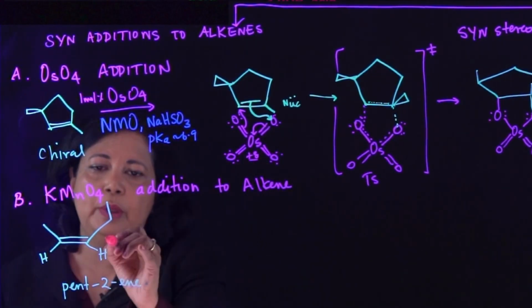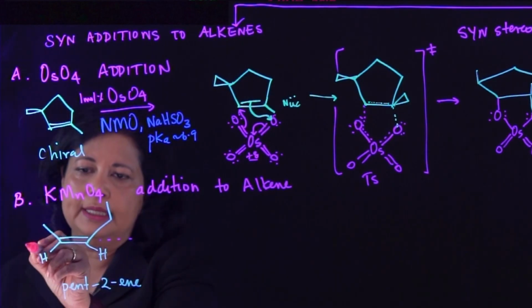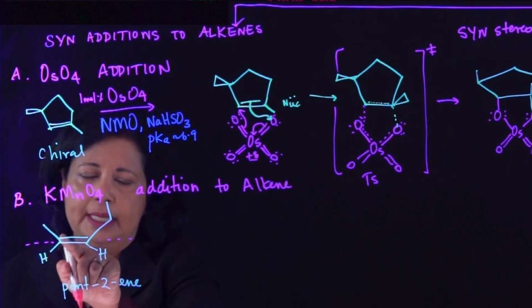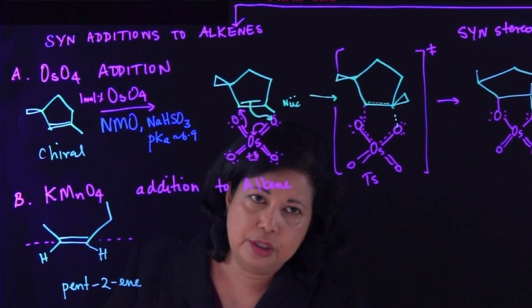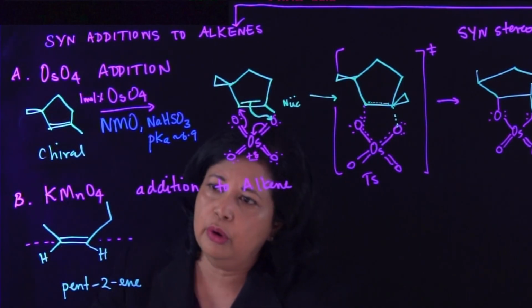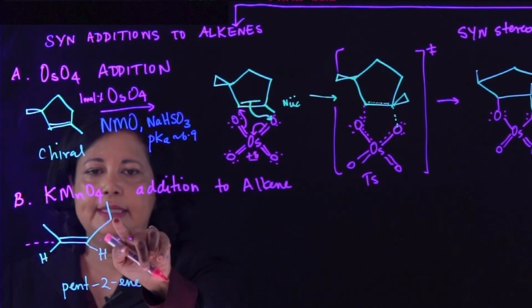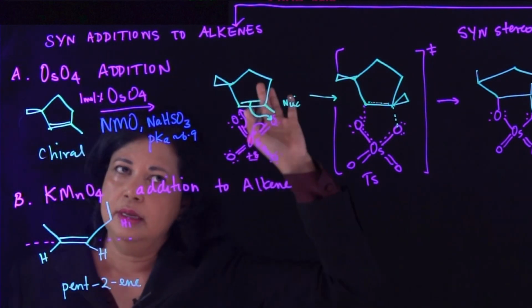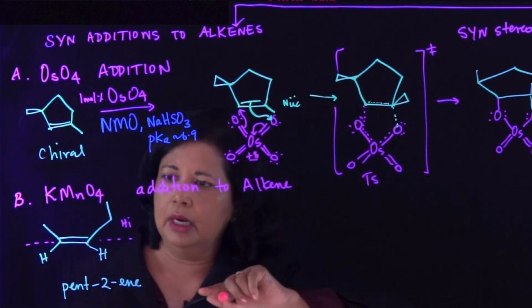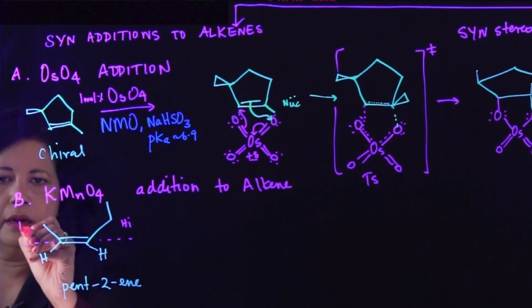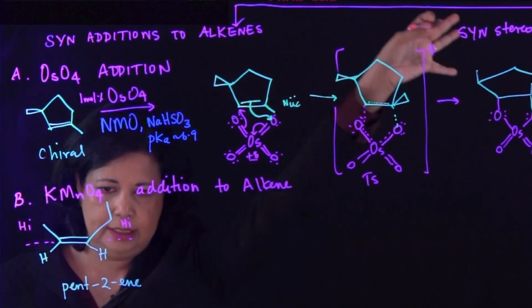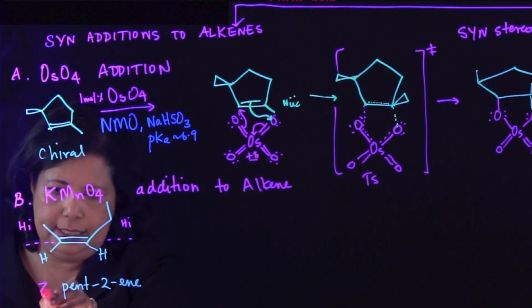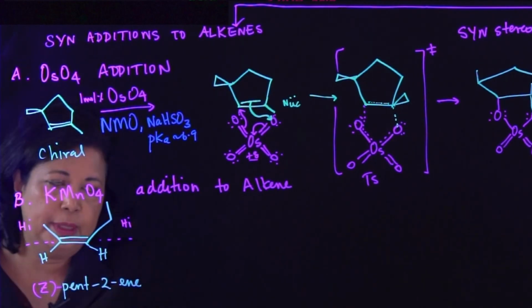To do that, we cut the alkene in two like this, and at both termini we assign priorities just like we do for R and S. This is a carbon, this is a hydrogen, and carbon is higher priority because it's higher molecular weight. Same here. Two highs on the same side, that's a Z. So you have a Z-2-pentene.